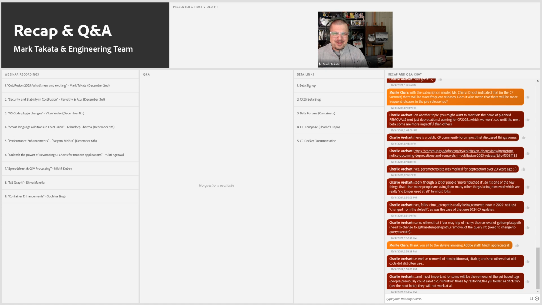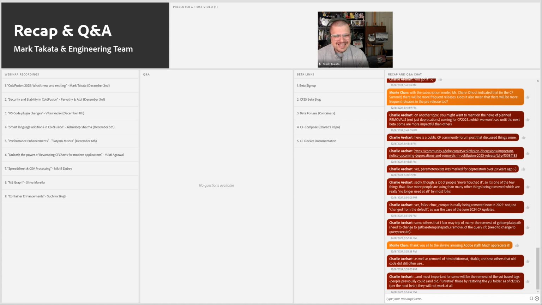Charlie's still on the removal of get template path. The query CFC, yeah. The query and the HTTP, Charlie, that's the other one. The new HTTP, which honestly I like the old version. I'm a hipster. I like the format of the old version, but it's been deprecated for so long.